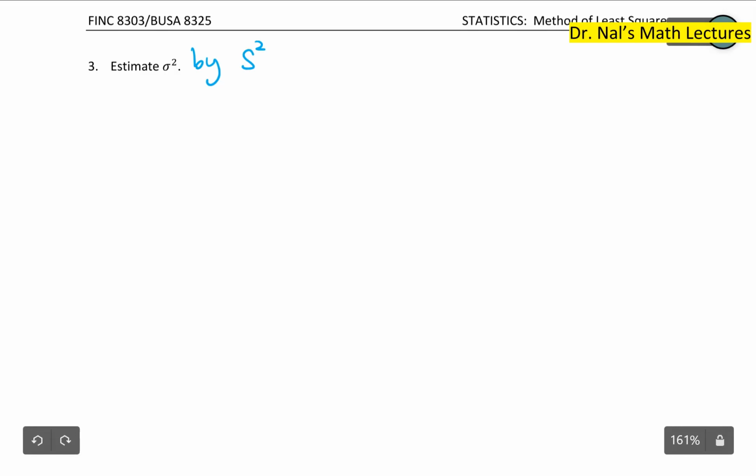So the sample standard deviation will be the best estimator for that. The formula for s square is just SSE, the sum of squares of those error terms, divided by n minus 2. In our case, n is equal to 5. So all we need to really calculate is the numerator, SSE.